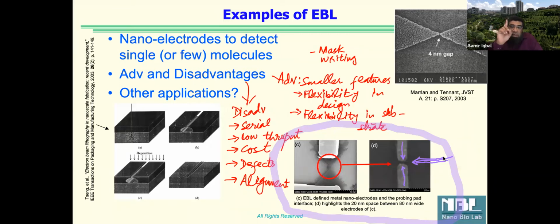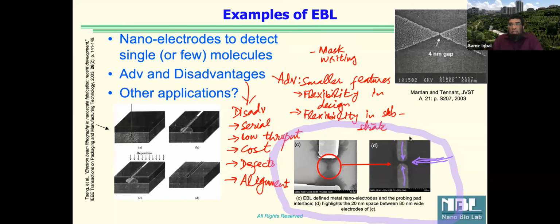We can detect at a single virus level. The distance between those two electrodes is 10 to 15 nanometers. This is really, really small, and we fabricated it a long time ago. We did some DNA detection work with that.